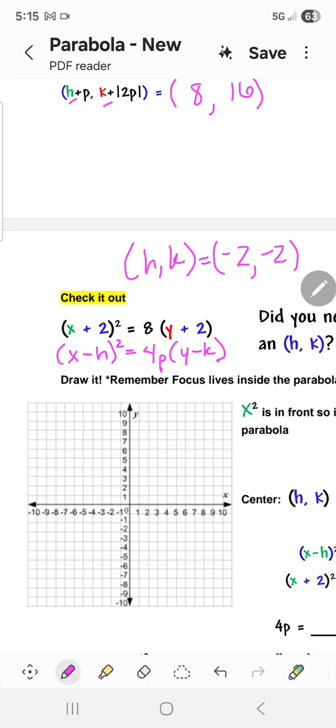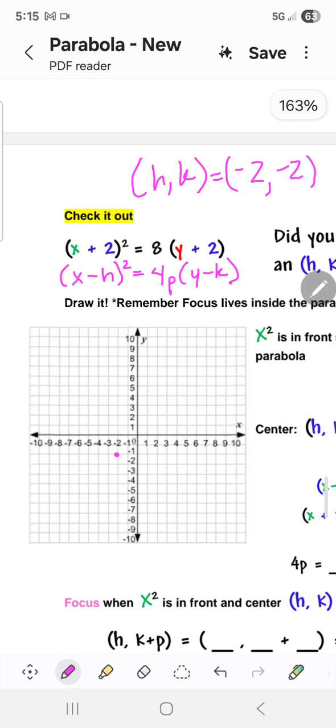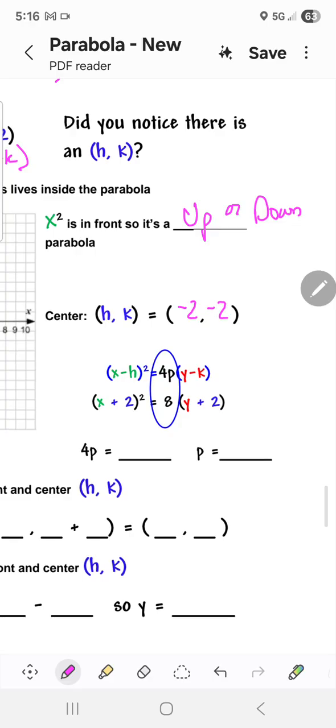So I know where my center is. There's my center at negative 2, negative 2. It's an x squared, which means I'm either going to open up or open down. We don't know yet. What we're going to do is figure out the value of p in order to figure out if it's an up or a down.